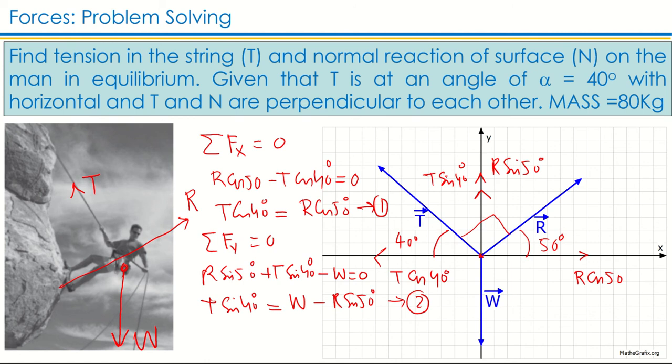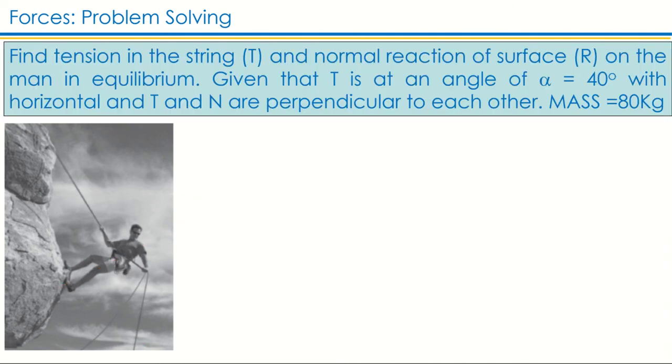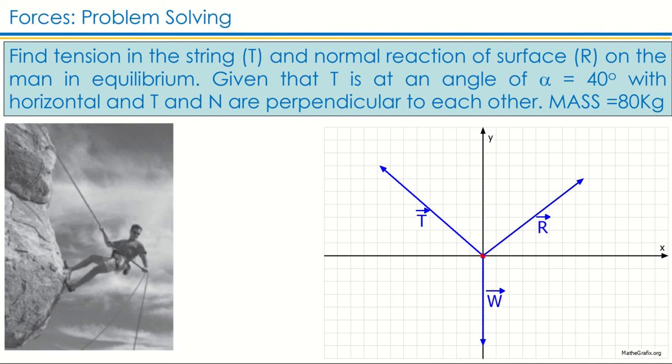I will show you that this problem could be solved in a different and much easier way also. So the same problem, same free body force diagram. What I'm going to do is change the axis. So I rotated the whole axis in this way. So x goes over here and the y also.